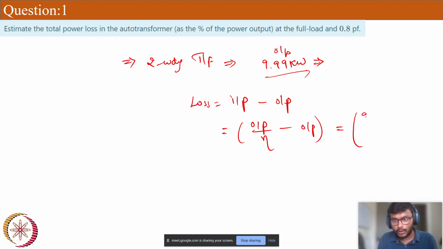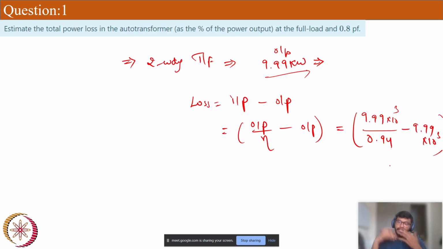Now how much is my output? 9.99, it is always kilowatt here. How much is my efficiency? It's 94% efficiency, minus 9.99 into 10 cube. So this is the loss I have experienced when trying to transform my power.